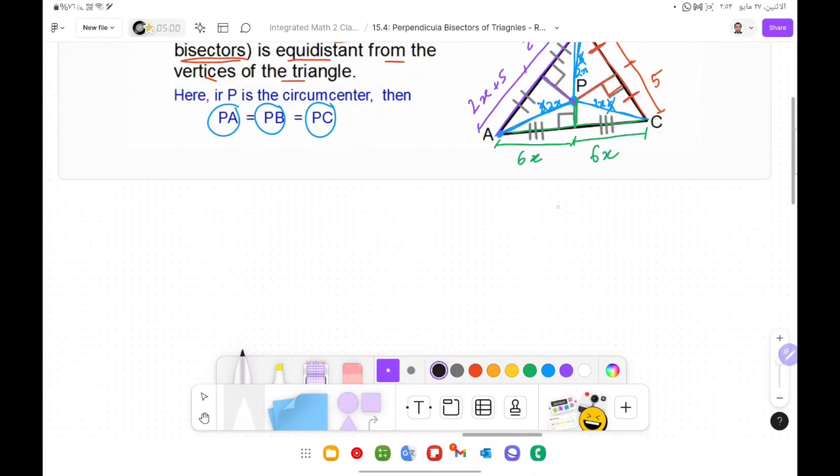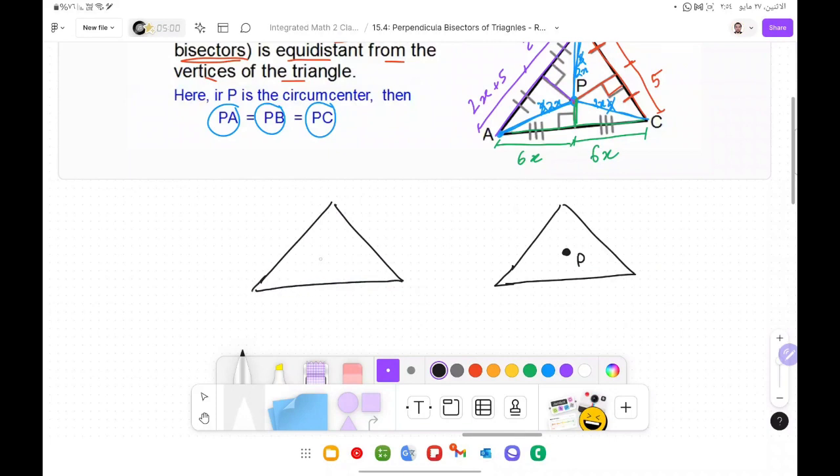Now let's say I have two triangles. The first triangle is this one here, and this point will be my circumcenter. In the other triangle, this point is also my circumcenter.